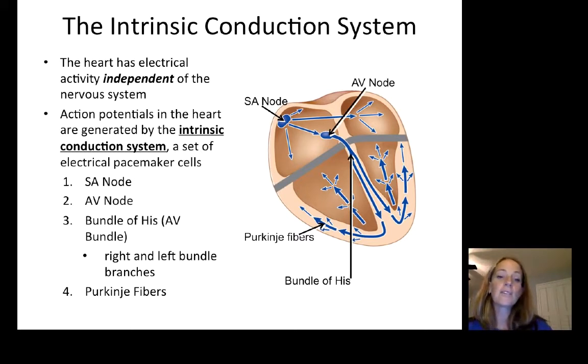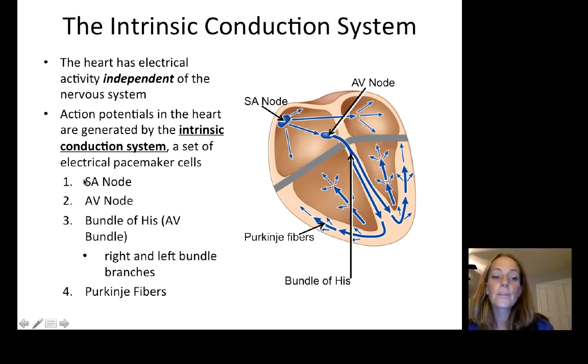So action potentials in the heart are generated intrinsically or within the heart itself because of this intrinsic conduction system. It's a set of electrical cells located in different regions of the heart and branching and contacting each other to start and send action potentials through the heart.